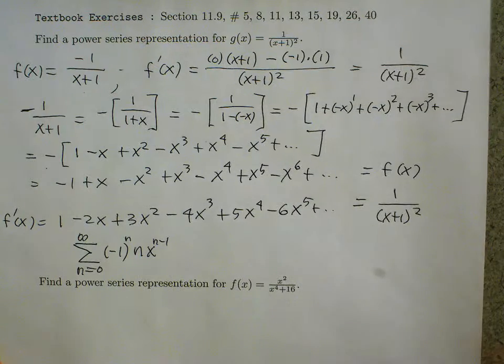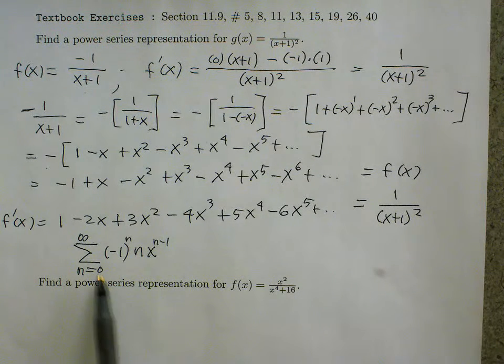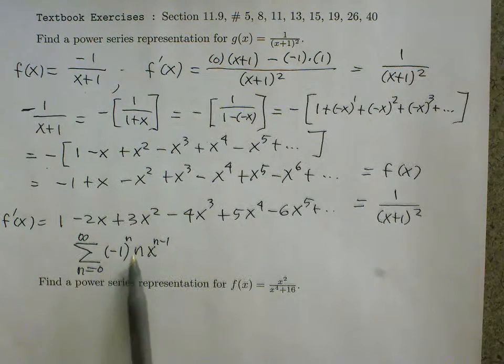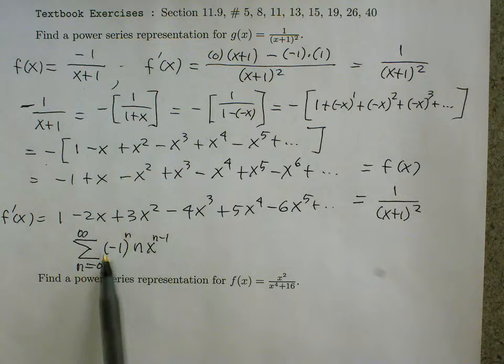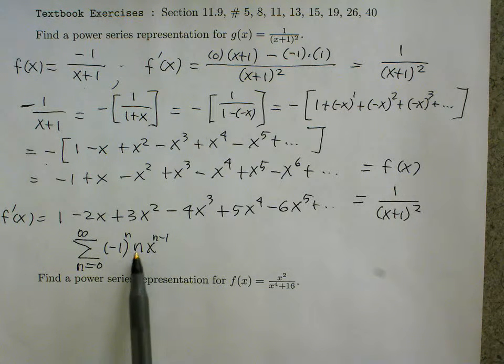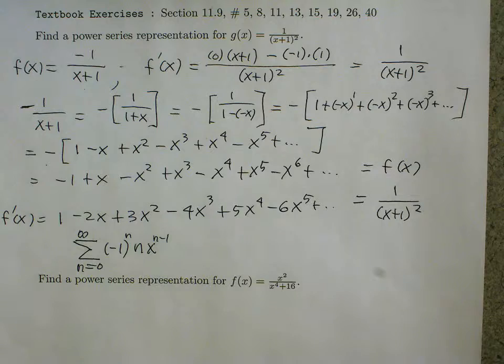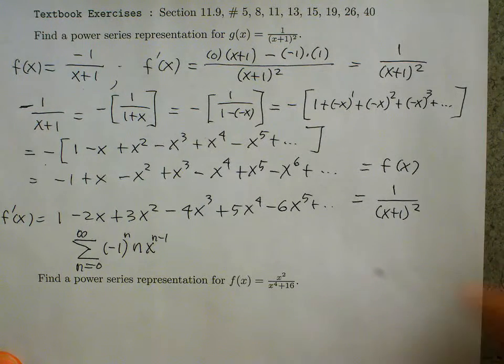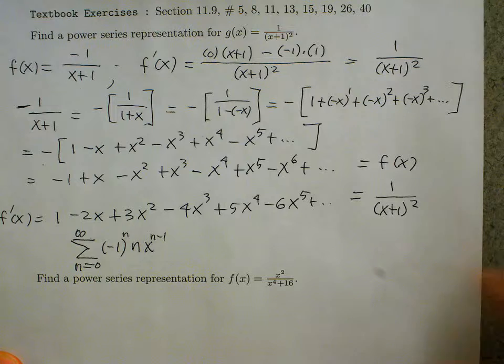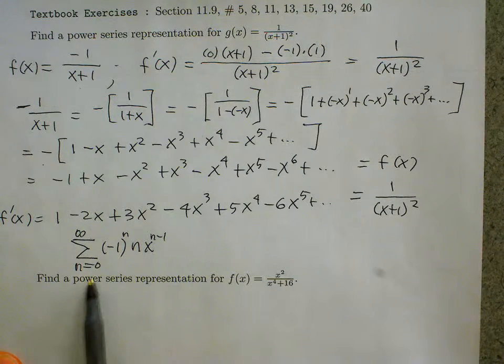Let's try that out. I always have to test it. When n is 0, negative 1 to the 0 is 1. Oh, that doesn't work. So I think I should start with n equals 1 instead of n equals 0.